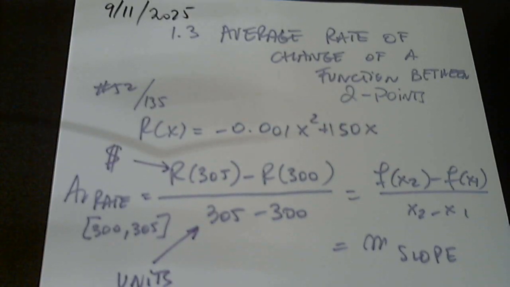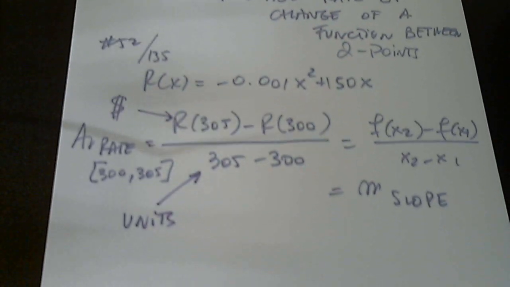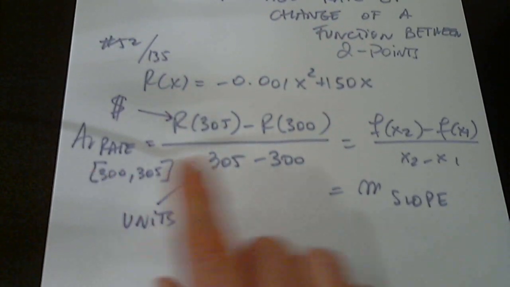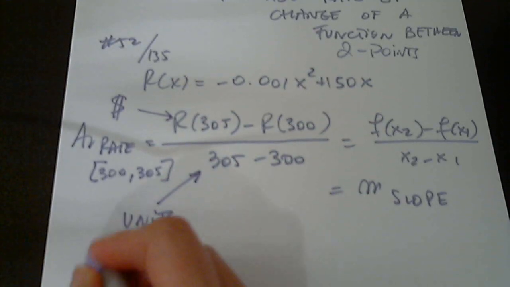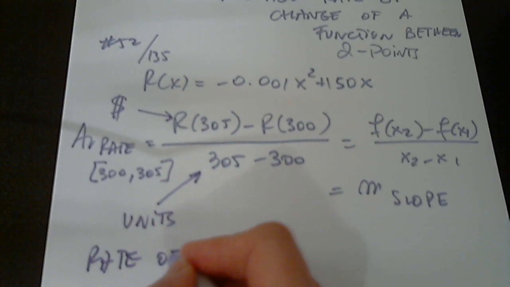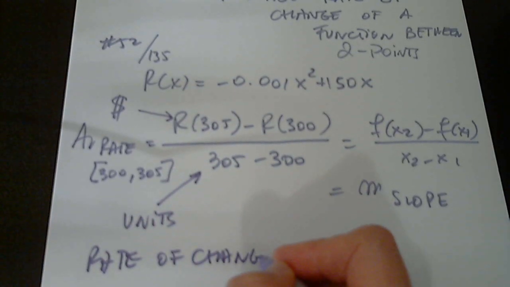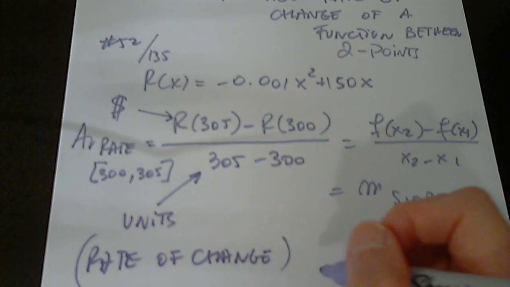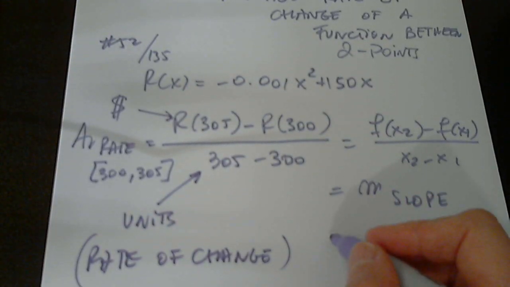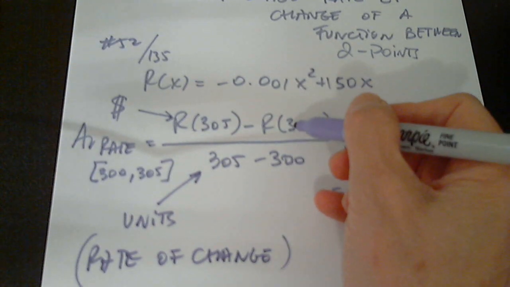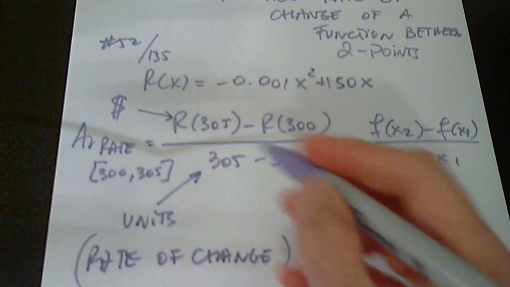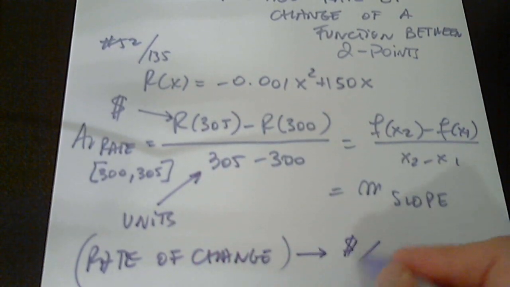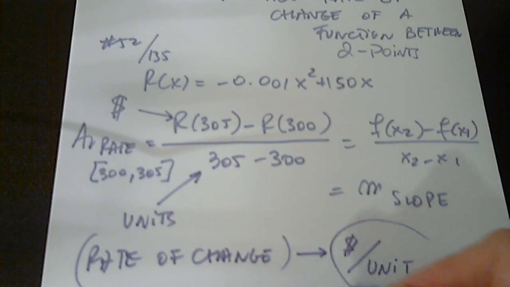The reason I'm emphasizing this is because we always have to present the measurement unit. The average rate of change, or any rate of change, has two measurement units. So in this case, it will be the measurement unit for y divided by the measurement unit for x. So it's in dollars per unit.